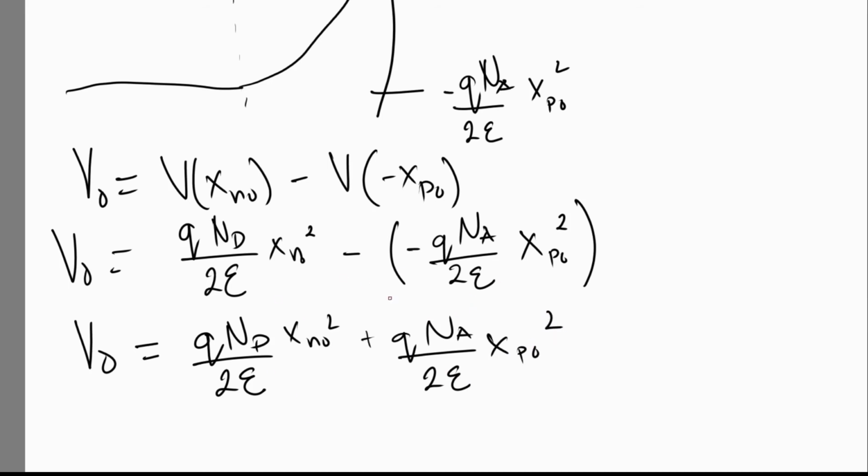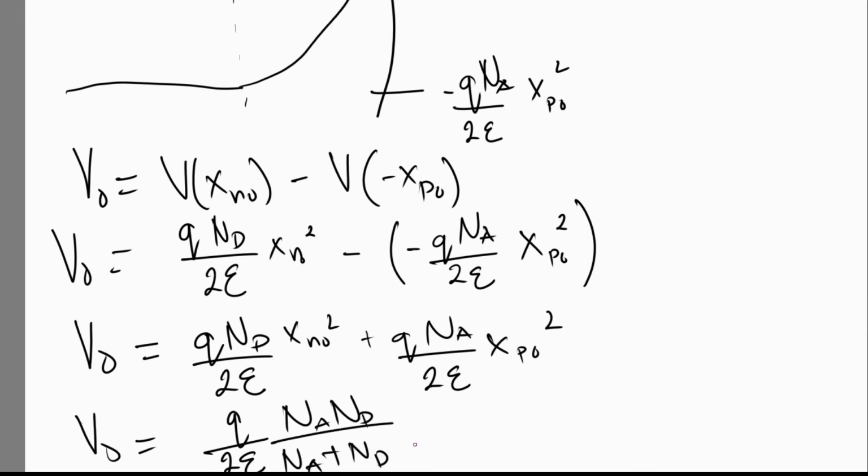We can manipulate this using our expression for the depletion width. We will get V naught is equal to q over 2 epsilon times N_A N_D over N_A plus N_D times W naught squared.